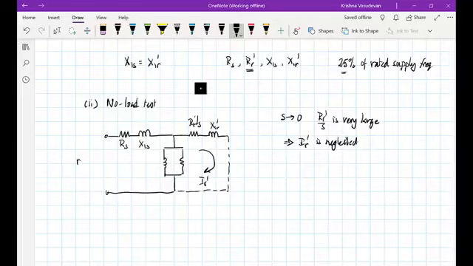And at this point you supply the rated voltage at rated frequency, and the machine is allowed to run.